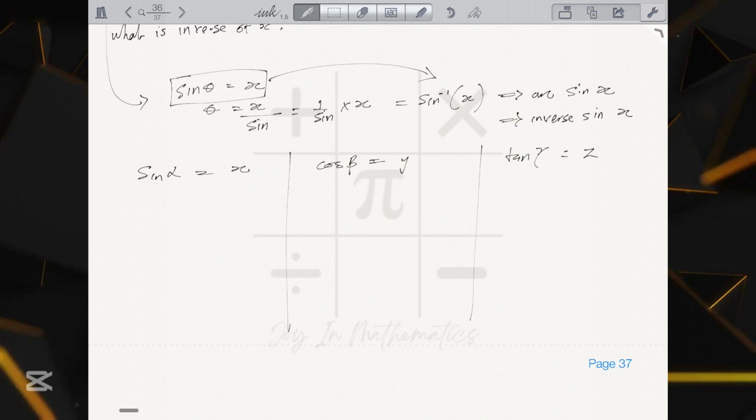So with this understanding, you understand that alpha will be equal to arc sine of x, or what we call inverse sine x. Similarly, beta will be equal to arc cos of y, or inverse cosine of y. And finally, gamma will be equal to arc tan of z.